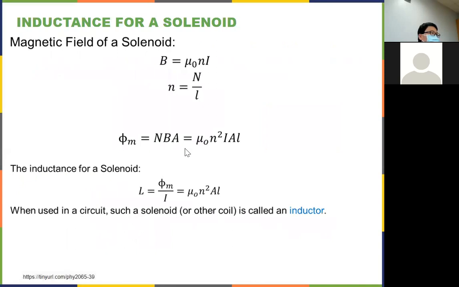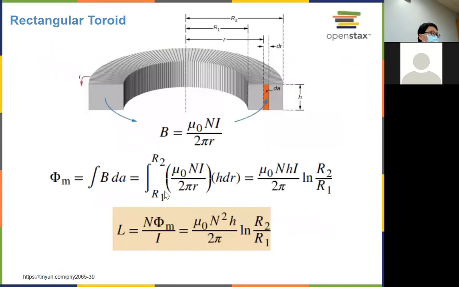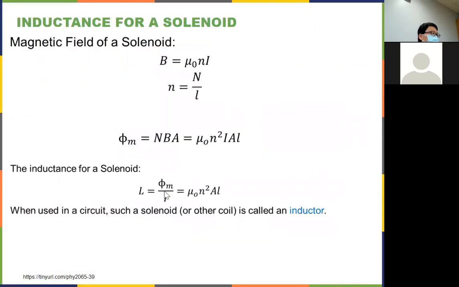For a solenoid, we went through it, using one of the equations from the previous case, delta phi over delta t. That gives us that the inductance for a solenoid is mu naught times n squared times the area times l, the length, where n is the turns of coils per meter.